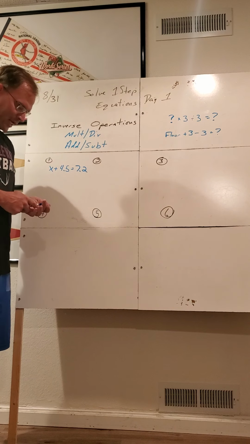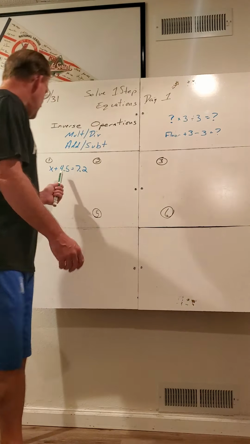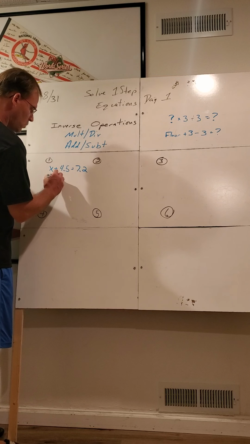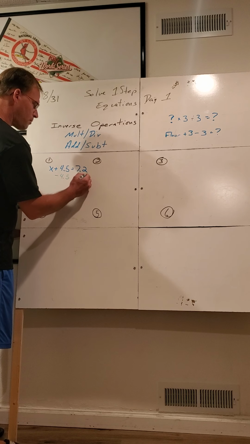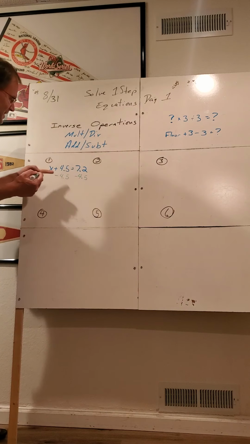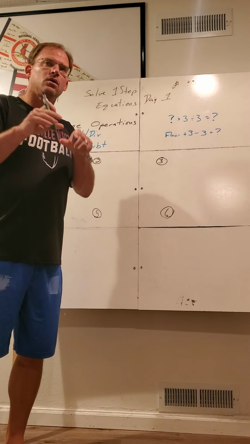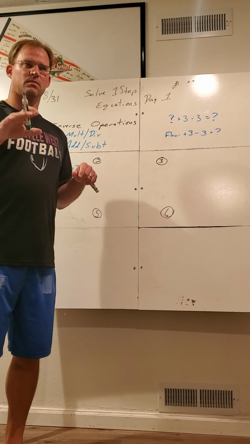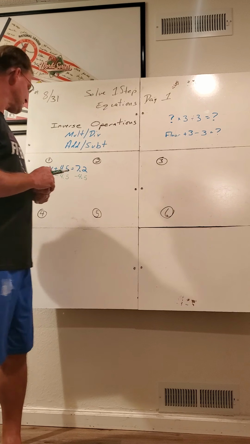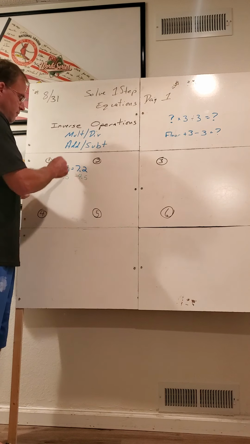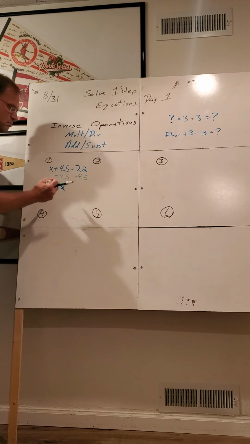Well, I know with my inverse operations that if I simply undo this, and I go the opposite, and I go down 4.5 over here, these opposite steps are going to undo each other. We don't like the word cancel. I'll explain that in more detail some other day, maybe when we're face to face. But just understand that these are opposites, they're inverses, they make 0. So the only thing left on this side of the equation is x.